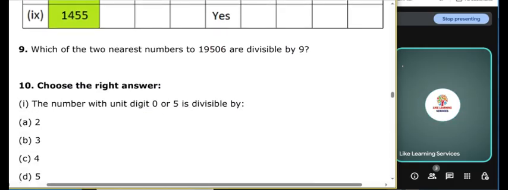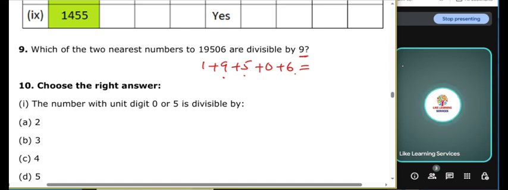Can you do number 9 very quickly? Which of the two nearest numbers to 19506 are divisible by 9? How do we know if the sum is divisible by 9? 1 plus 9 plus 5 plus 0 plus 6 will give us 10, 15, 16.